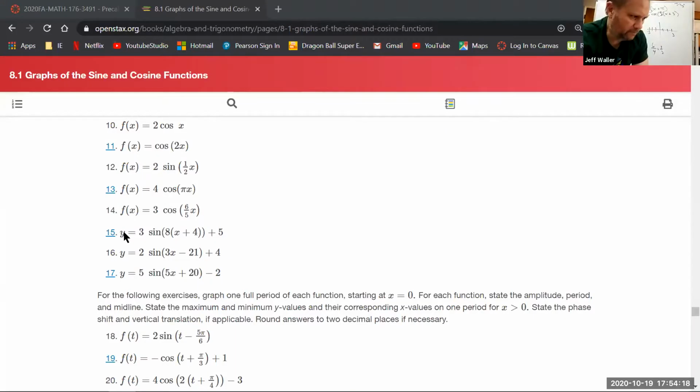This is the evil number 15. I almost feel like it was a typo, but I don't know. Knowing this book, maybe not.